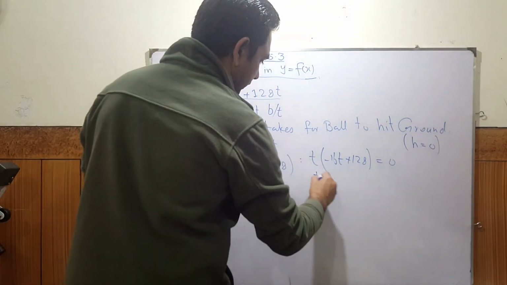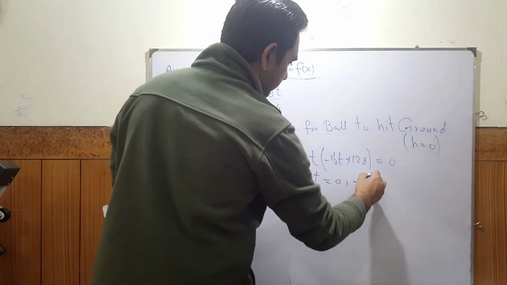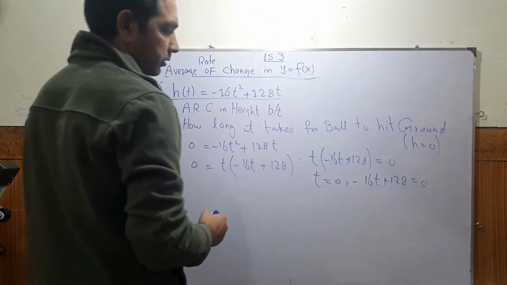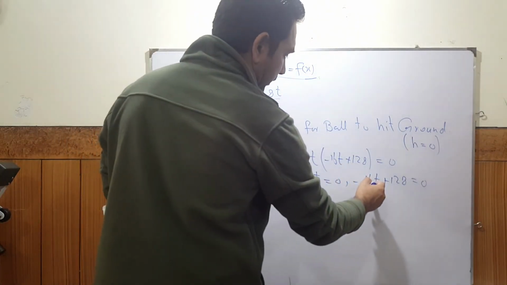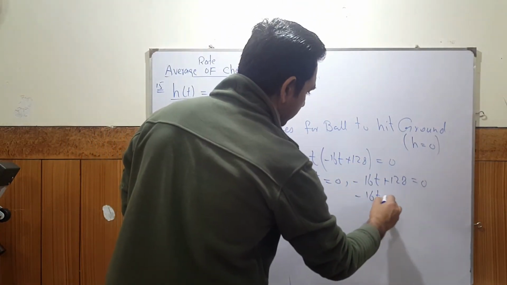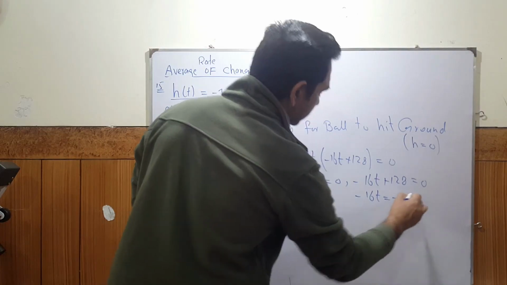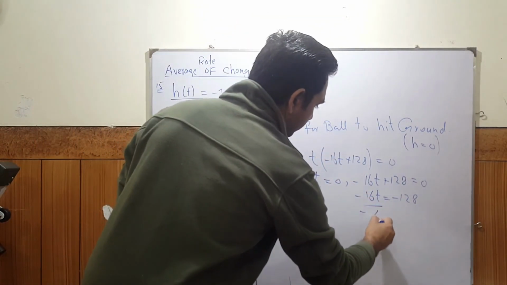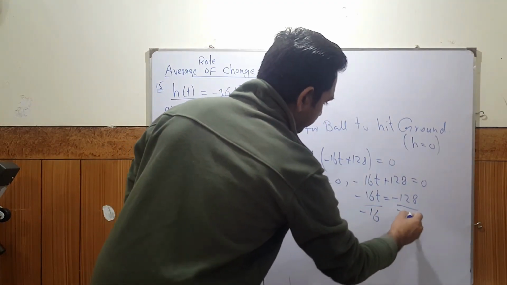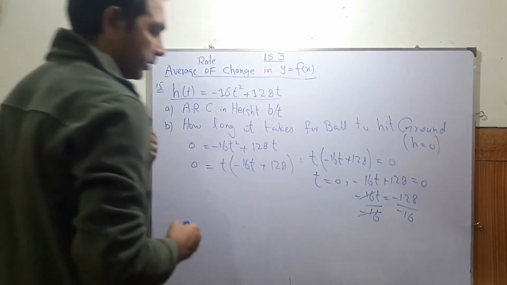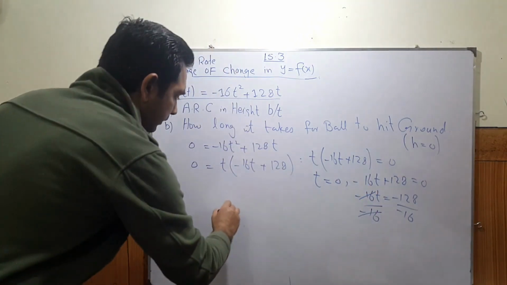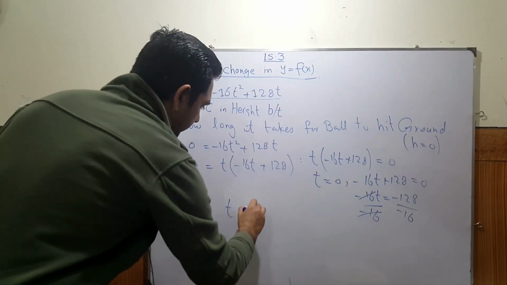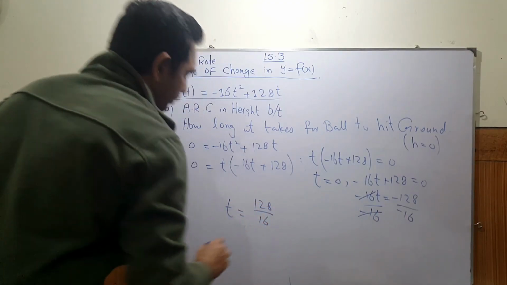This means either t is 0 or minus 16 t plus 128 is 0. If I leave minus 16 t here and take the 128 to the other side, and divide both sides by minus 16, the minus 16 cancels, and the minus signs cancel, so you have t equals 128 over 16.